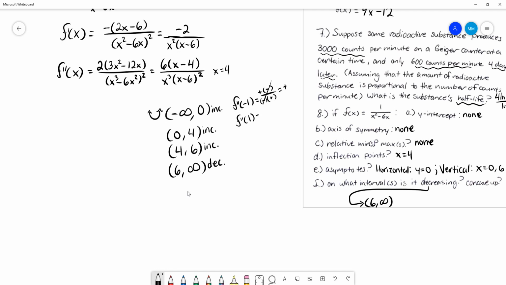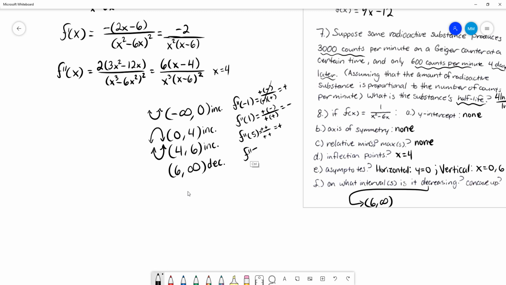Plug in a +1, and I'm going to get that 6 times a negative again. But now that's a positive, and that's a positive, so it's negative, which means this is concave down. Plug in a 5, and I'm going to get positive and positive on top, and positive on bottom. So it's concave up again.